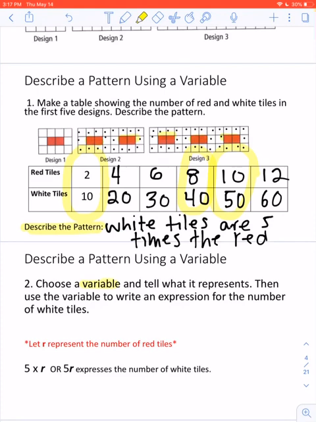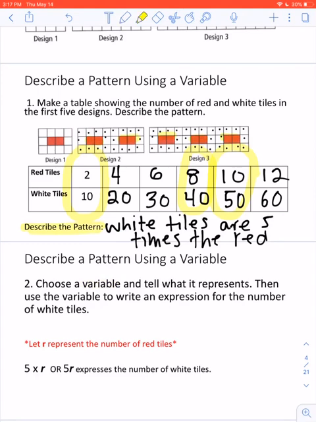So a variable, we're just going to say in this case red tiles, and we're going to use R to represent the number of red tiles. Remember, a variable is a letter that represents an unknown. Okay, so in this case, we are saying that 5, now this is something we should cover.